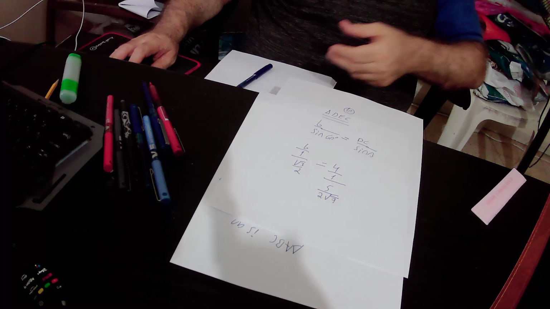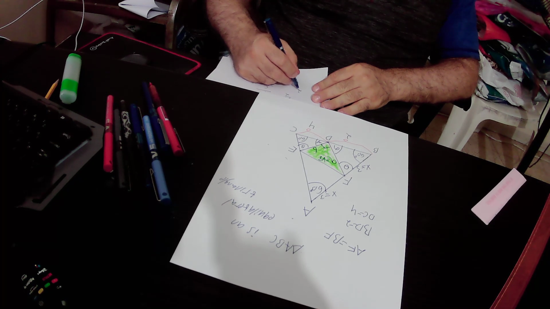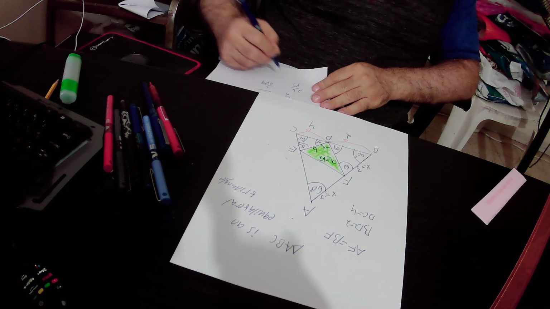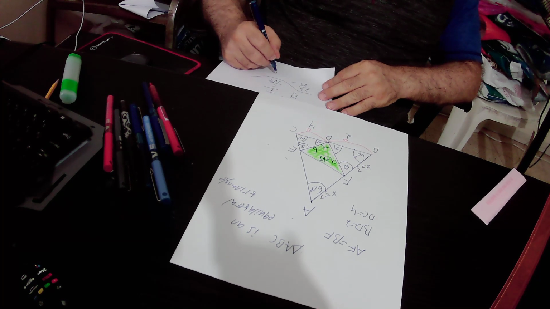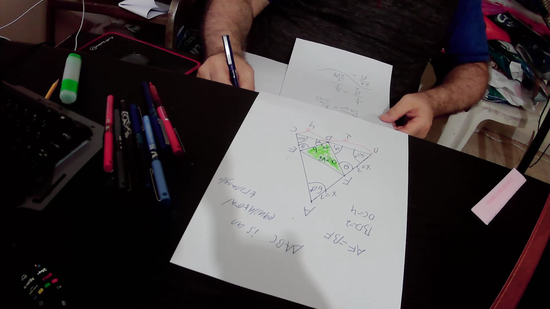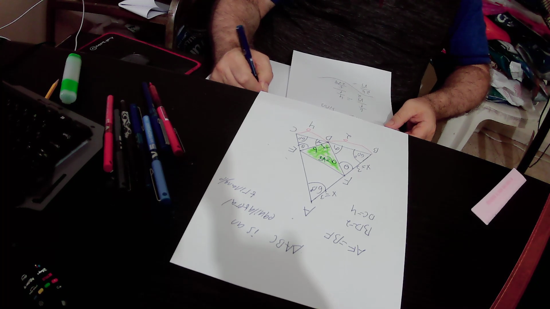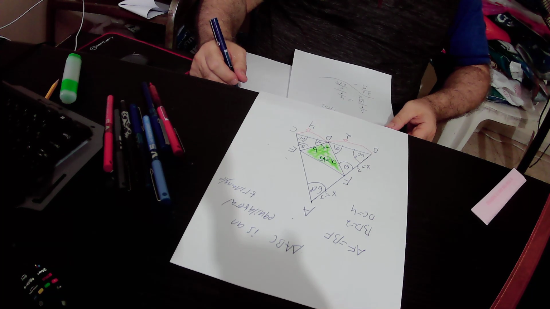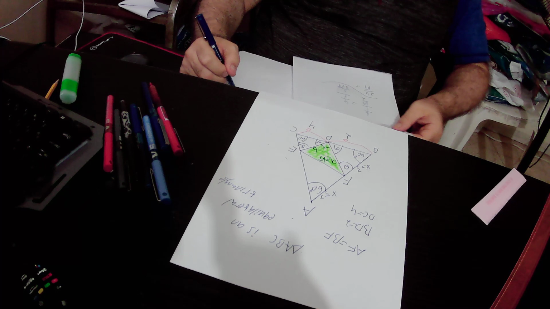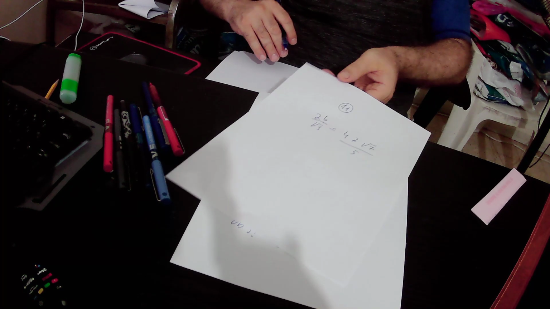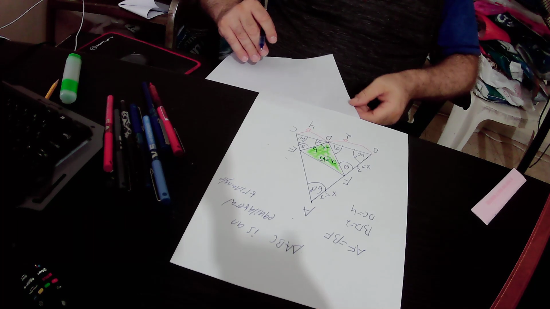We'll do the simple arithmetic here, and we will get that 2 times b over root 3 equals 4 times 2 times root 7 over 5. Okay, so we'll do here the simple arithmetic.